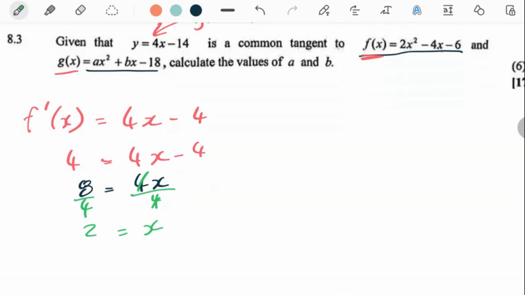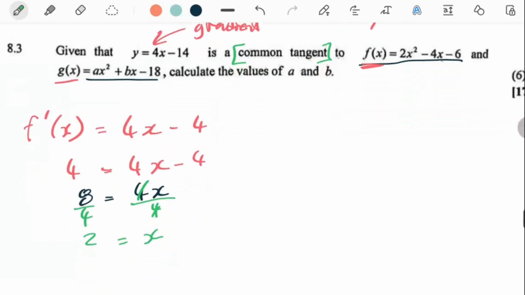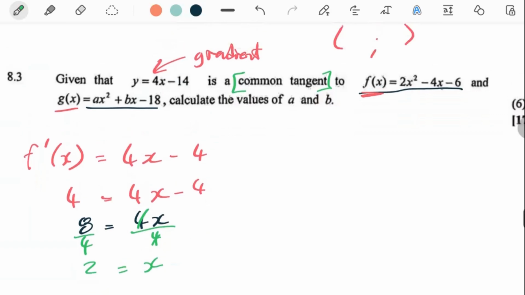So x is equal to positive 2, where the gradient is a 4. That's for this graph. So when they say it's a common tangent, we need to remember that it will touch both graphs at the same point. So since the x value where the gradient is a 4 is a 2, let's just figure out the y value. In the original equation, where x is a 2, let's see what the y value is.